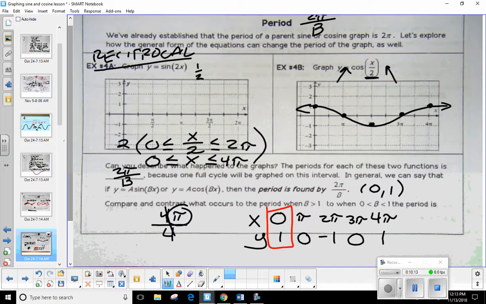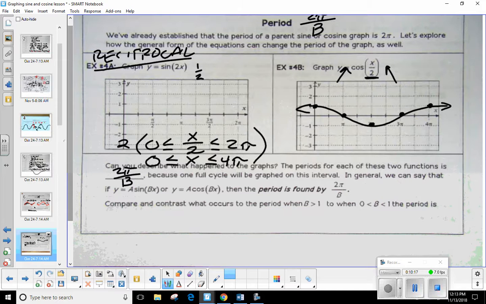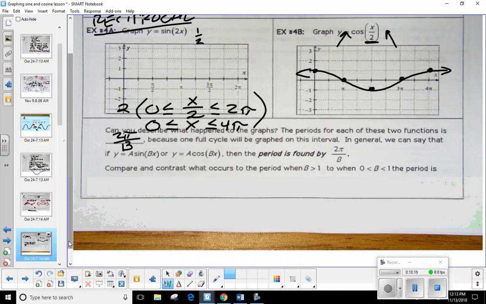All right. Now, when it says here, compare and contrast, well, let's say the value of b is greater than 1. Well, that's going to result in a horizontal shrink. Because here we had 2. That's bigger than 1. So if b is bigger than 1, it shrinks it horizontally.